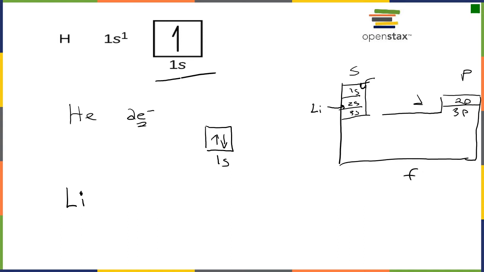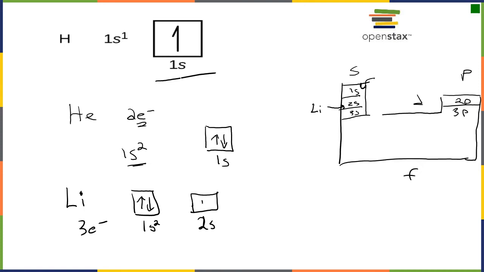How do we know? We know it from its position. We don't have to reinvent the wheel and figure out where the first 2 electrons are. We know where they are because they were in the same spot that they were in helium. So please note here that helium's electron configuration is 1s2. Lithium has 3 electrons. And as soon as the 1s is full, we're going to go up to the next orbital, and we are going to go to the 2s.